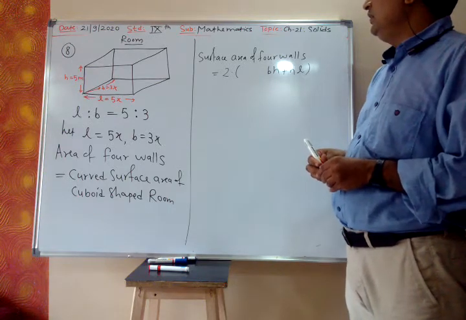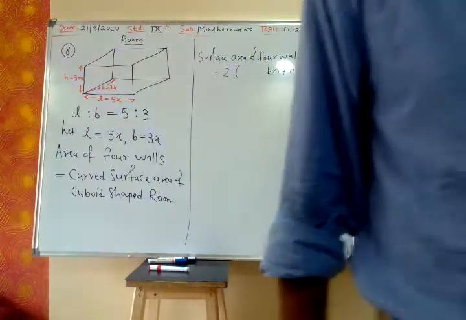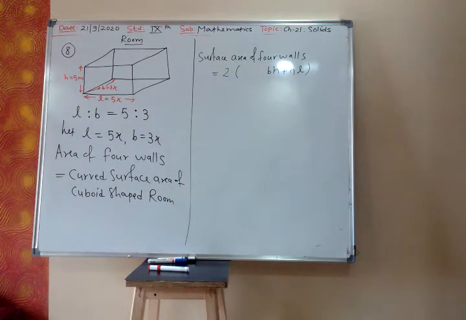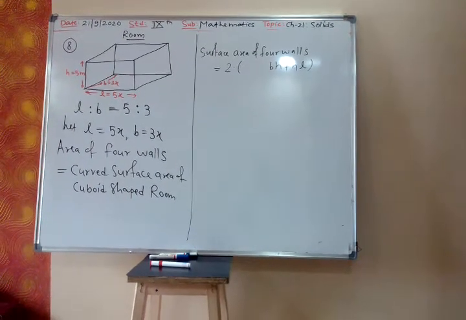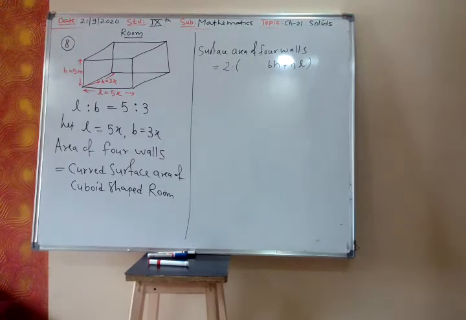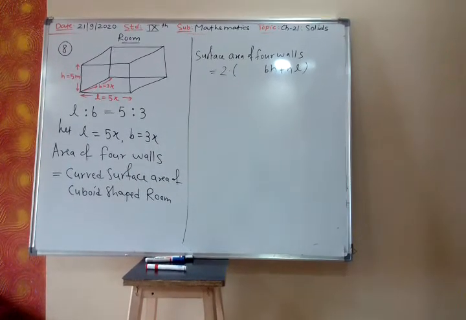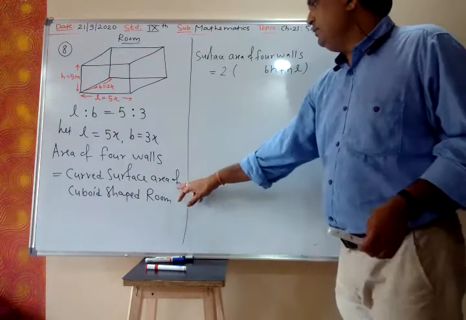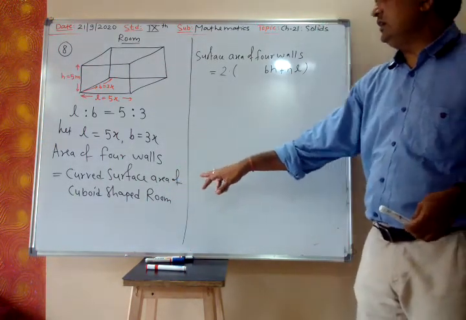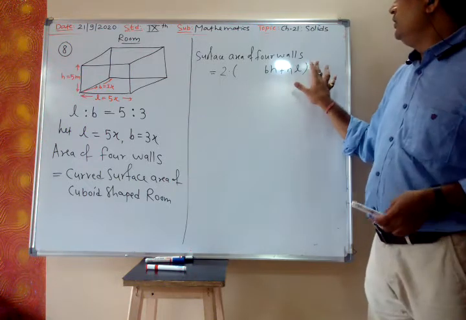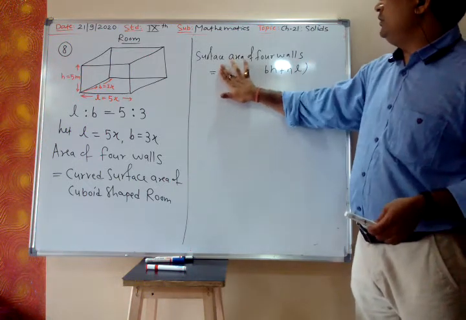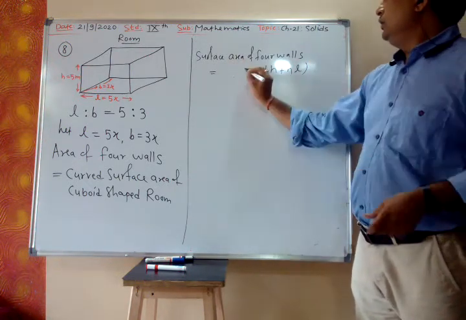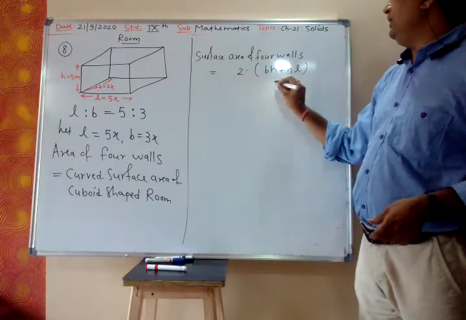Is it clear? H will be there. H is given, 5 meter. Surface area of 4 walls is nothing but curved surface area of cuboid. What is curved surface area of cuboid? That is 2 into BH plus HL.